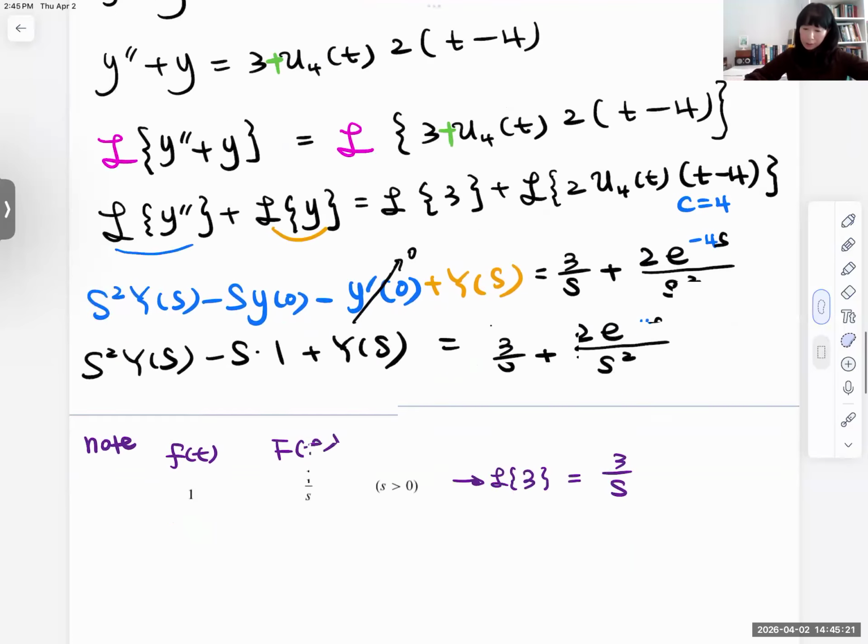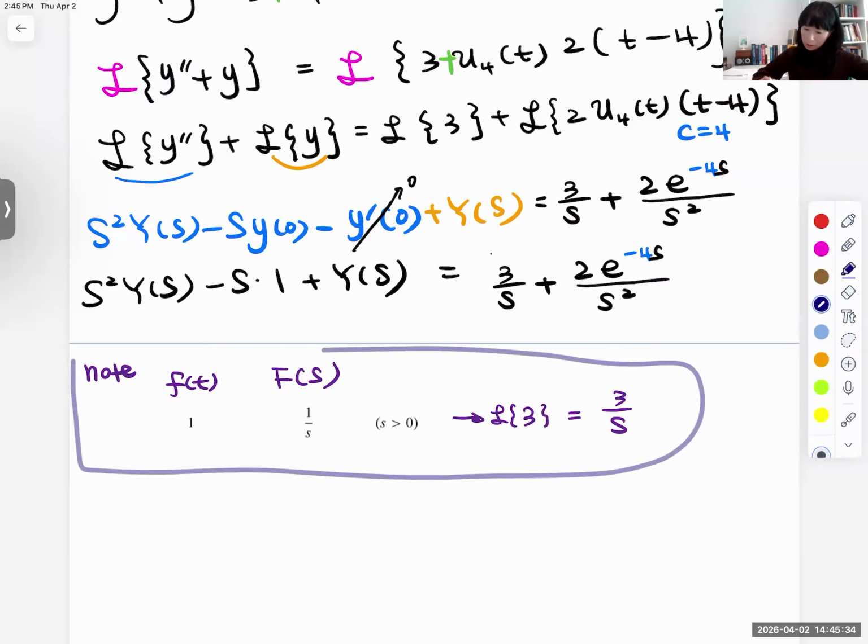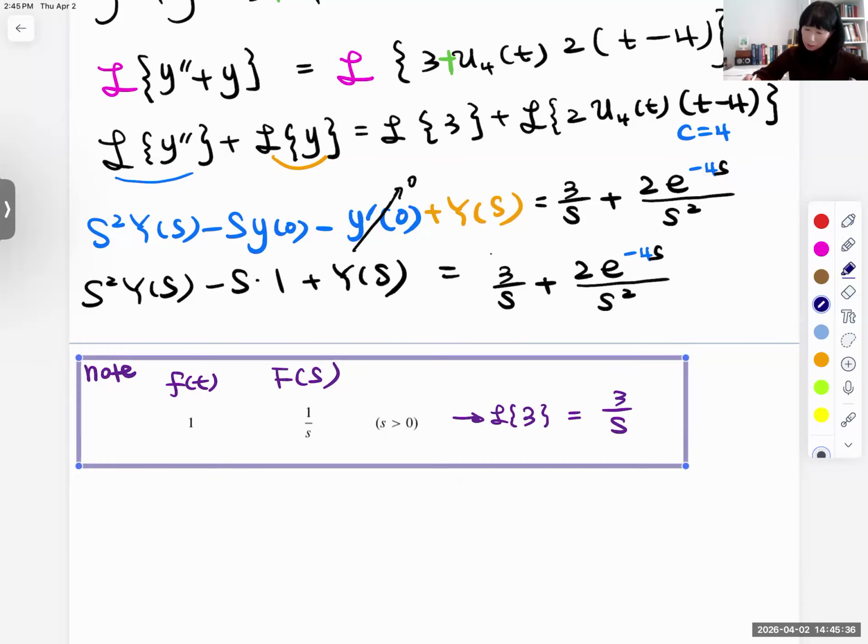Then we need to solve for y over s. Sorry, not the y. Then we add s to both sides.